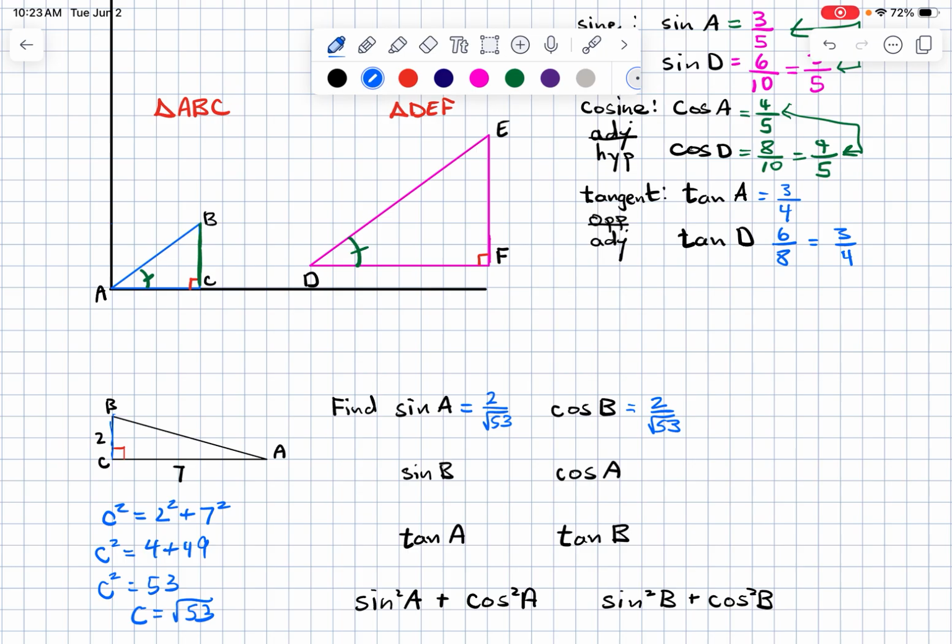The sine of A and the cosine of B are the same. Now let's look at sine B. Sine B, you're going to take the opposite, which is 7, over the hypotenuse. Now let's look at cosine A. Cosine A, adjacent over hypotenuse.